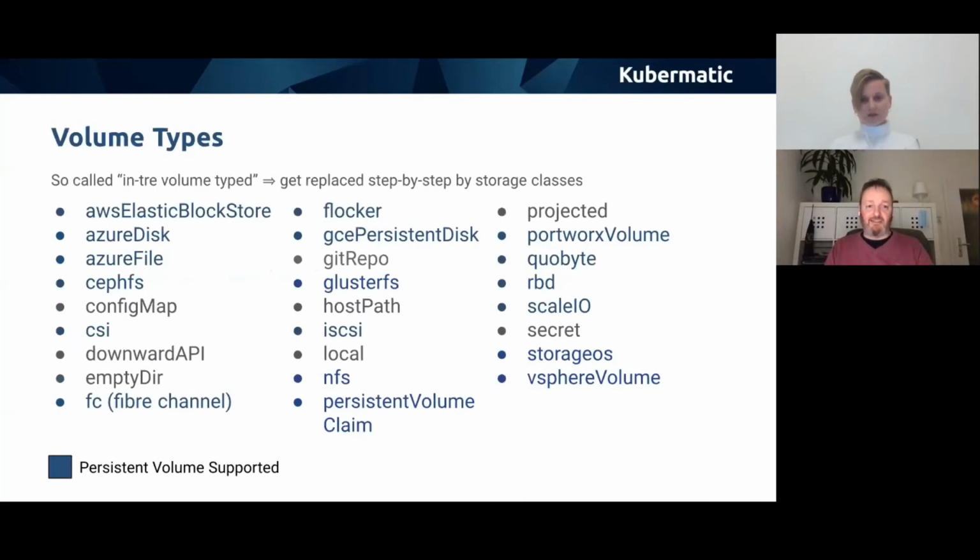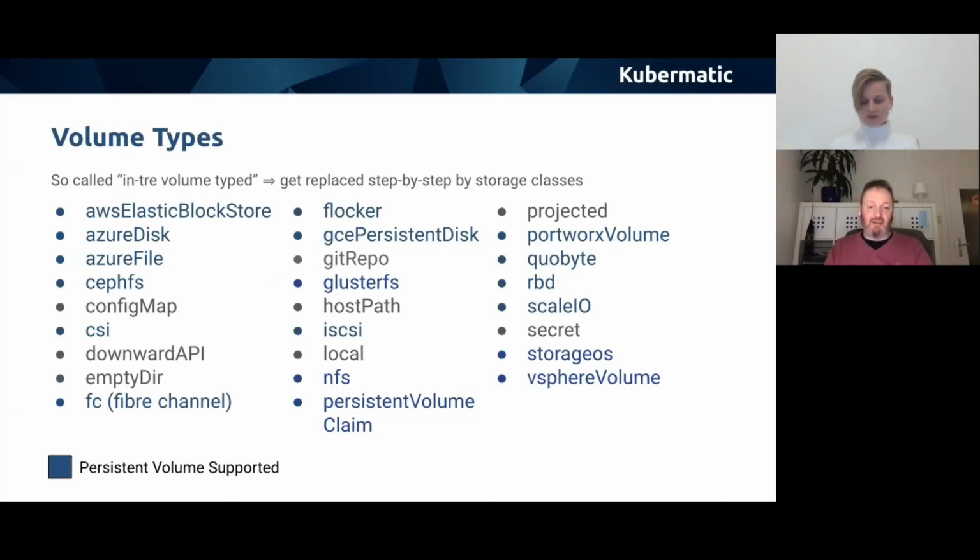And here you see which volume types are available. There are so many. It's just a simple empty directory. You find it on the left, almost at the bottom. Or if you are on Amazon, you have an AWS Elastic Block Store, or on Google, the GCE persistent disk.